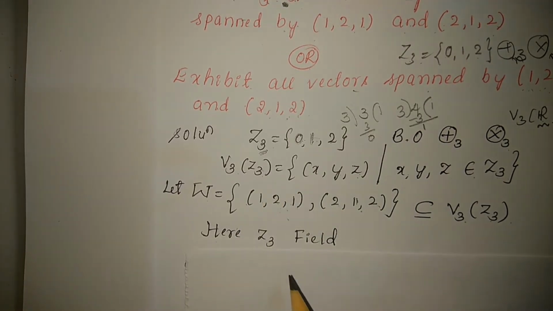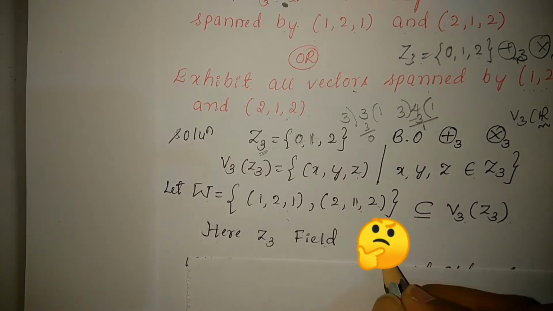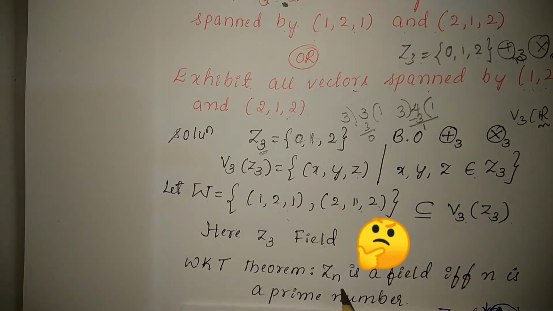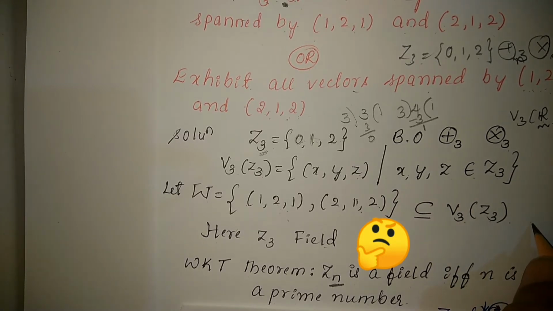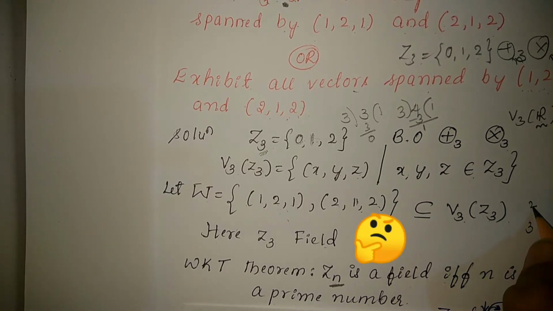So now here Z3 is a field. Why is Z3 a field? Here we have the theorem. What is the theorem? Zn is a field if and only if n must be a prime number. What is a prime number? The number 2 is divisible by 1 and 2. 3 is divisible by 1 and 3.